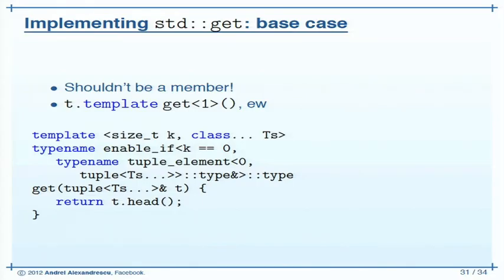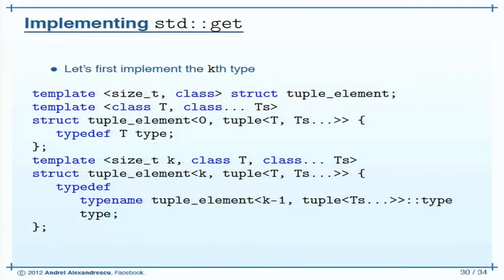But if you put something inside the parentheses, it would look legit. It looks like two comparisons, and there's a lot of code that would be ambiguous that way. To disambiguate, you need to write .template. To get rid of that template, we make get a free function. So now you know exactly what's going on. Okay, so let's implement this get thing.